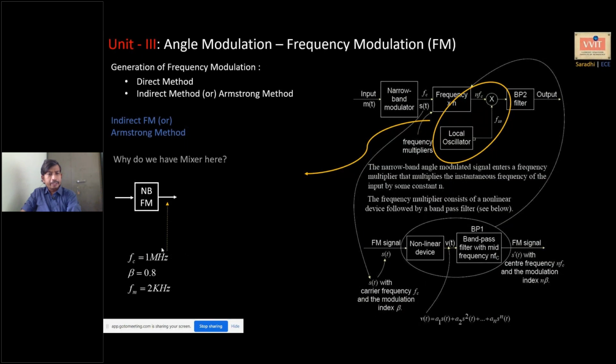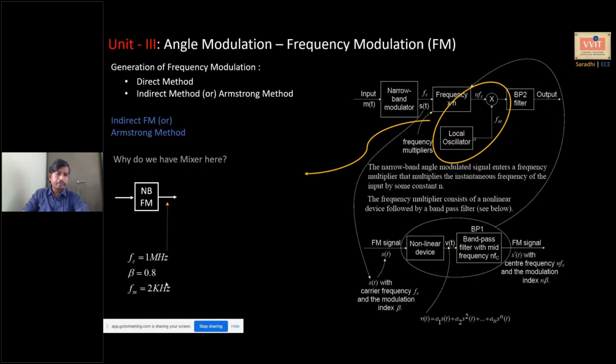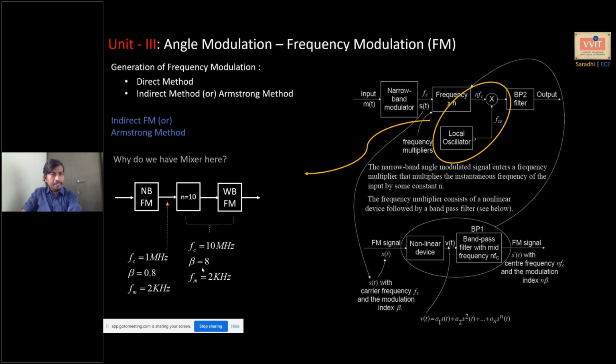Narrowband FM is producing an FM signal with carrier frequency 1 megahertz, beta 0.8 and message frequency 2 kilohertz. And what the frequency multiplier with n equal to 10 does is, in the wideband FM you are getting this combination producing us Fc of 10 megahertz and beta becoming 8, while Fm remains the same.